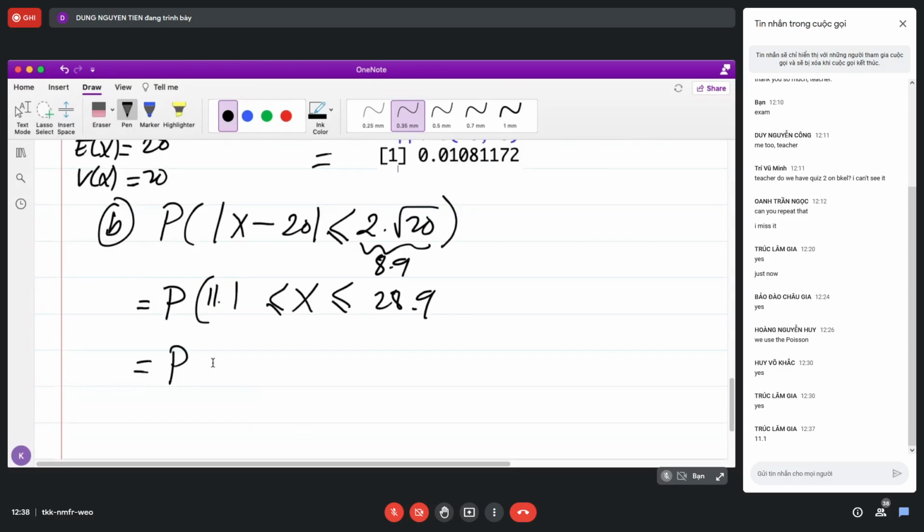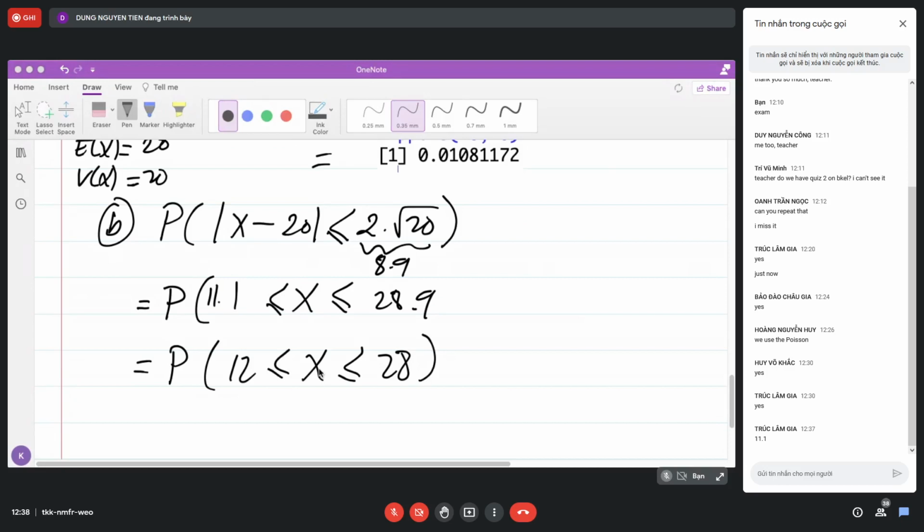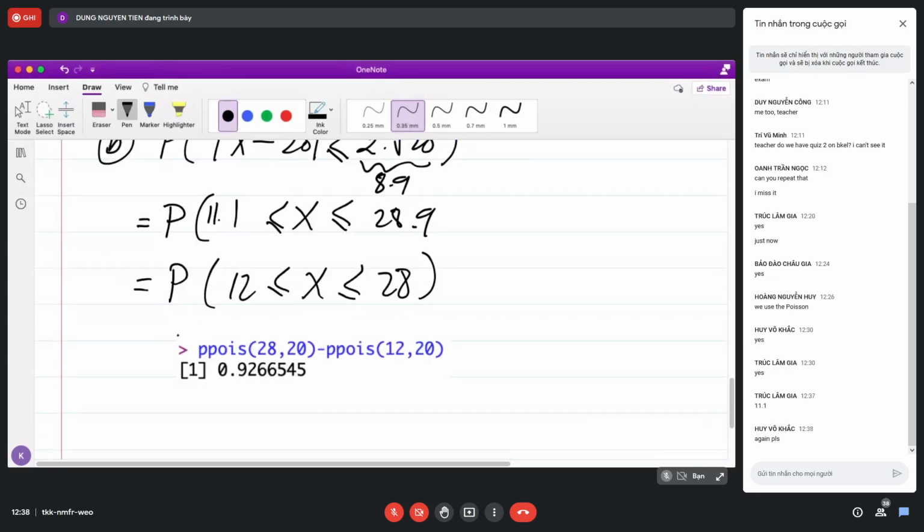Then it is the probability that x is between 28 and 12. Okay, that makes sense? Are there any questions? And then you can get the answer as follows. It gets about 92%. Okay, so you get 92% for this. Are there any questions?